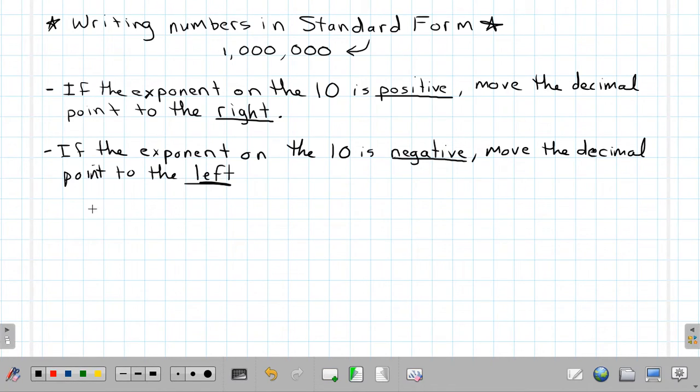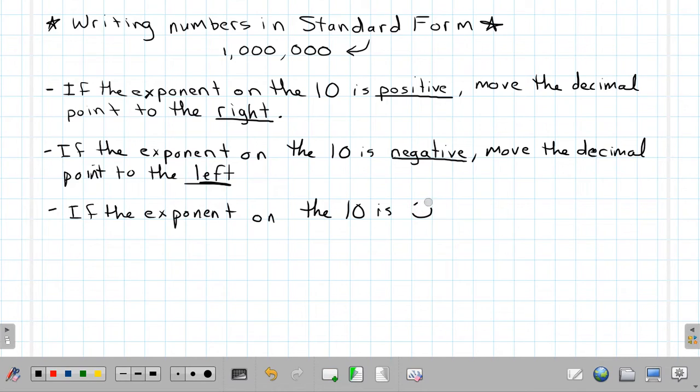Okay. Now the third one, which they don't mention in the book here, that I did want to point out to everybody, is if the exponent on the 10 is neither positive nor negative. What I mean by that is if the exponent is 0.